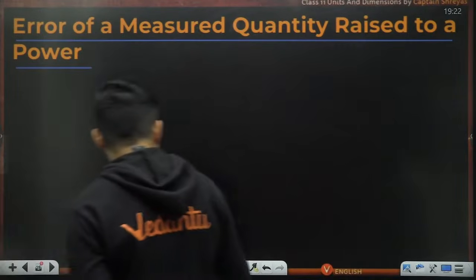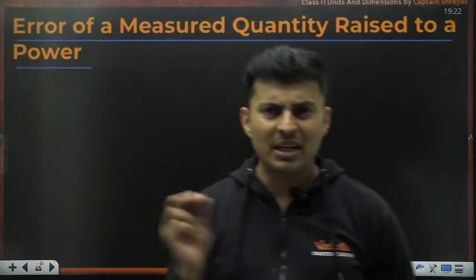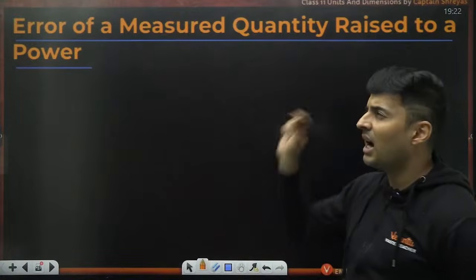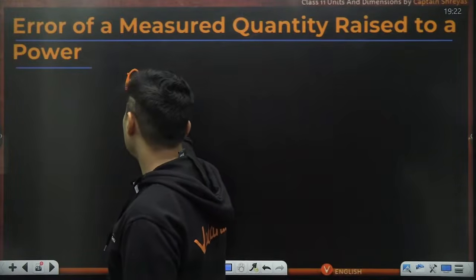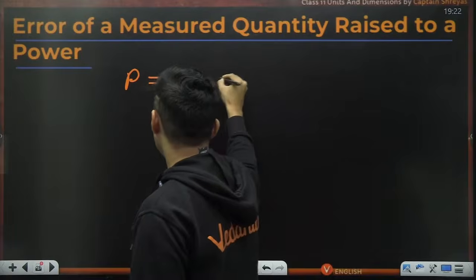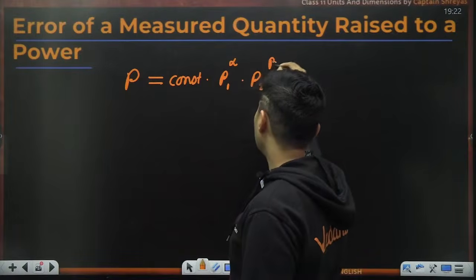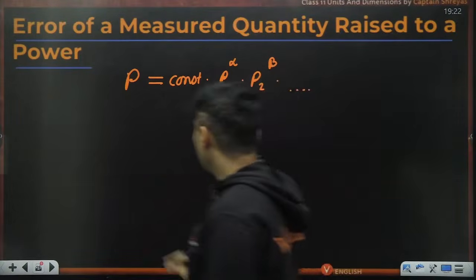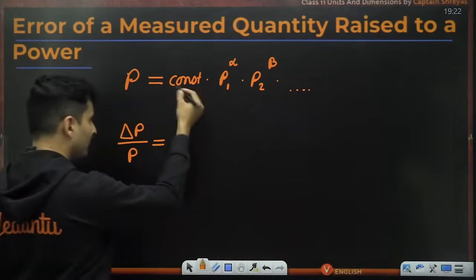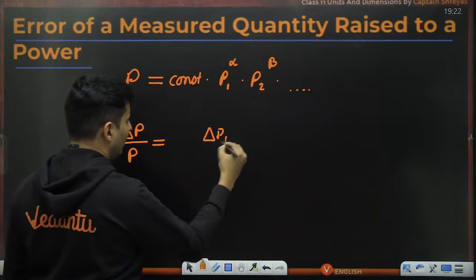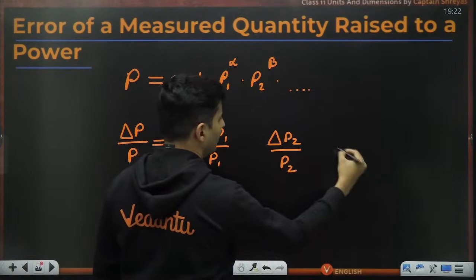See, for doing the calculations of errors for anything which is multiplied, divided, or even things raised to some power, like half mv square, v is raised to some power. If our final physical quantity is some constant multiplied by physical quantity 1 raised to alpha, physical quantity 2 raised to beta, and so on, then the relative error, which is delta p by p, will be, forget the constant, relative error in the first quantity, relative error in the second quantity, relative error in the third quantity, and so on.